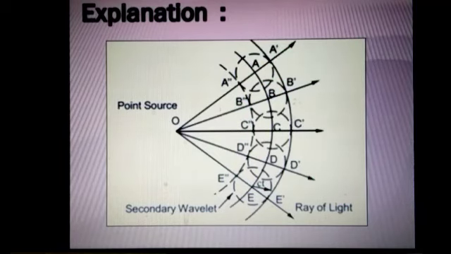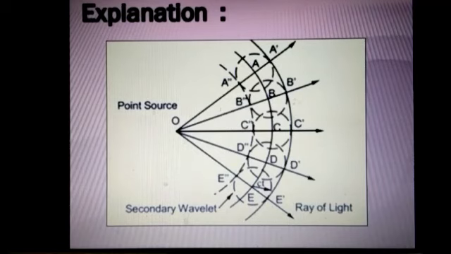Consider a point source of light. Let AB be a section of primary spherical wavefront at any time t. In order to find the new position of wavefront at time t plus delta t, consider a number of points A, B, C, D, E on the primary wavefront. These points act as the source of secondary wavelets.